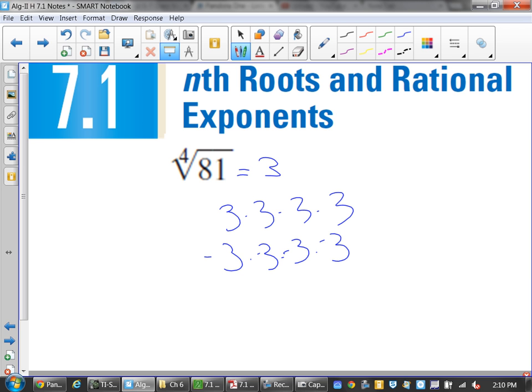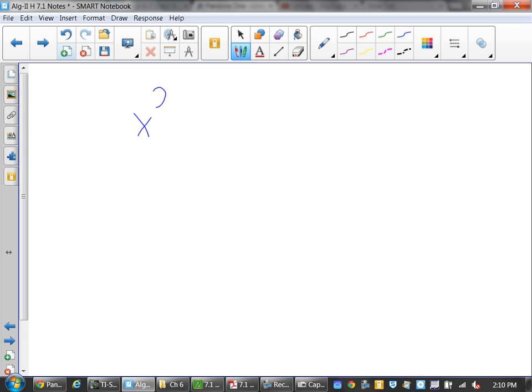If you're solving an equation, what would you have to do to get x by itself? You have to do that to both sides of the equation. When you take the root over the equal sign, that's generally the rule. Does that make sense?